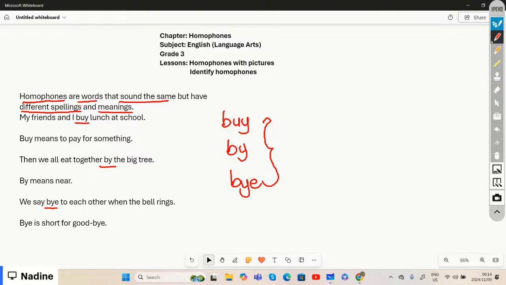So now we're going to look at a few examples of homophones. And thereafter we will go to aplusstudents.ca, and then we will continue with homophones and do our test.